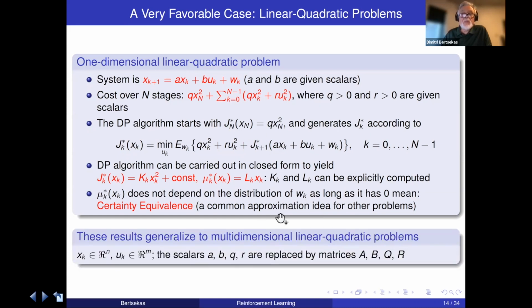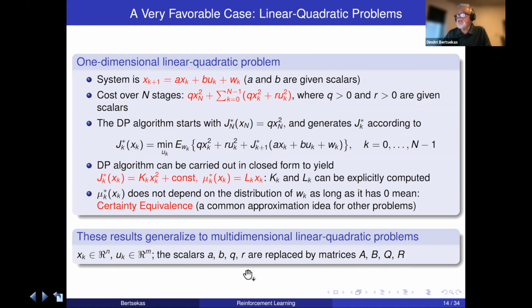Okay, so I'm going to go in the next slide and give you an outline of the derivation of these results. However, I want to note here that all of these results generalize to multidimensional linear quadratic problems, where xk is an n-dimensional vector, uk is an m-dimensional vector. The scalars a, b, q, and r are then replaced by matrices.